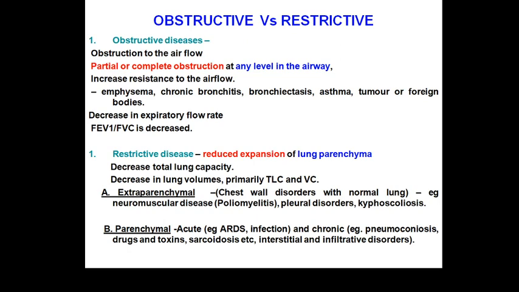Now, these obstructive and restrictive lung diseases can be differentiated. We can distinguish between these two types by pulmonary function tests along with radiological and histological findings. Now, how can we differentiate between these two by pulmonary function test?